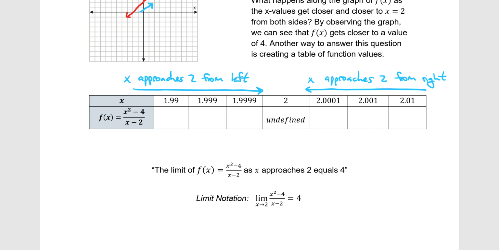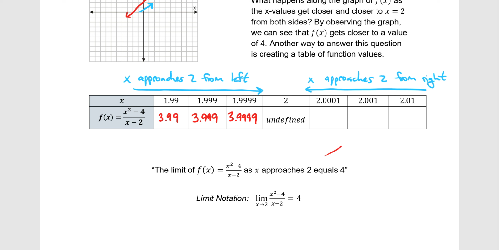So let's say we want to evaluate f of 1.99. We could go ahead and plug it into this function, or we can plug it into the simplified form, which is x plus 2, and we would end up getting a function value of 3.99. And now if we evaluate f of 1.999, go ahead and plug that in, we would get 3.999. And now f of 1.9999, we get a function value of 3.9999.